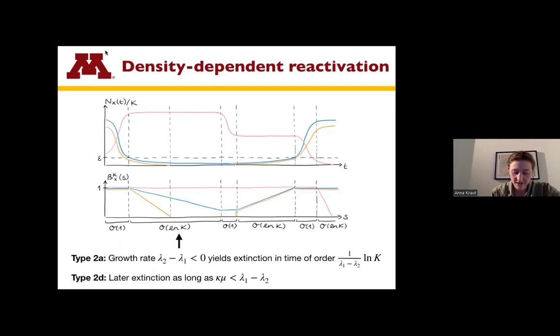And after this, we can now study the microscopic decay of this type 2 population, which takes place on a logarithmic timescale. And since the growth rate of the active type 2 cells is negative, this yields extinction in logarithmic time, and actually the slopes in these pictures correspond exactly to the exponential growth or decay rate.